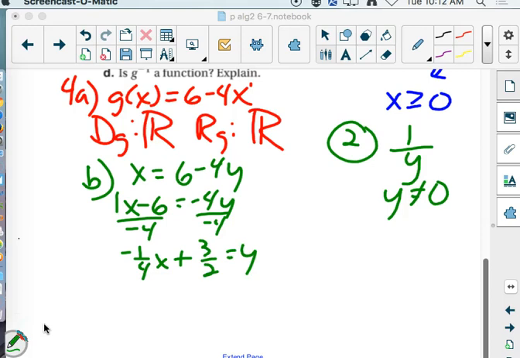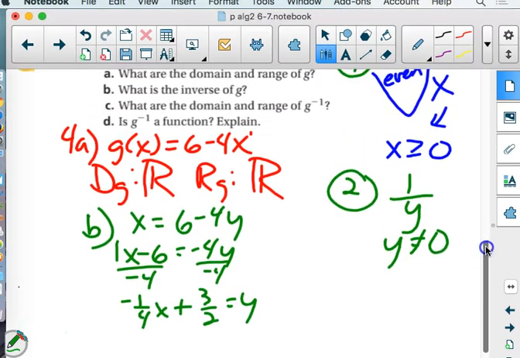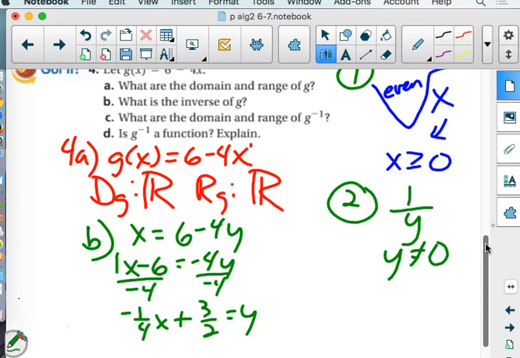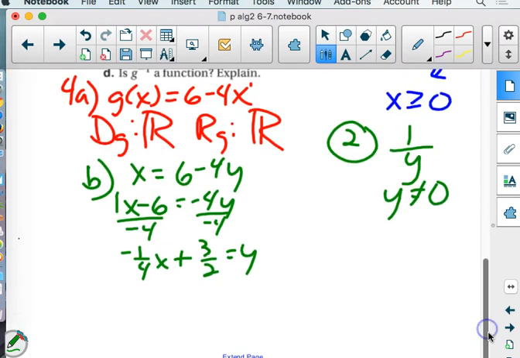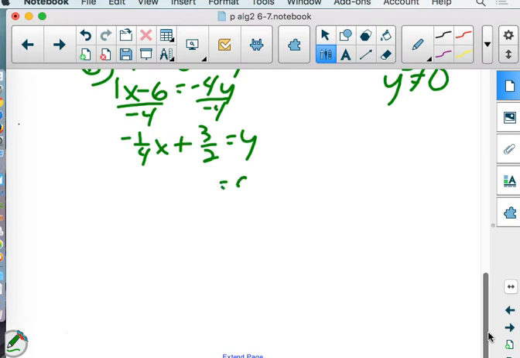Now, we're not done with it, because they said, what is the inverse of g? And then C is, well, let's call this g inverse, because that's how they're referring to it all the time. And what's its domain and range going to be? Well, again, we don't have to do any thinking.